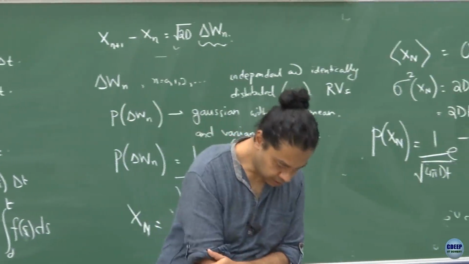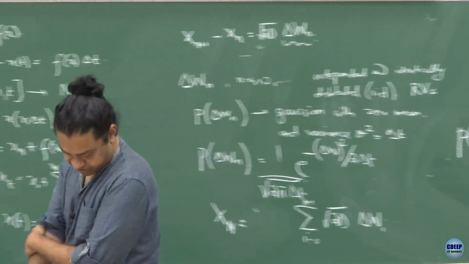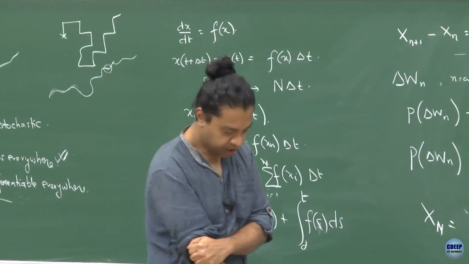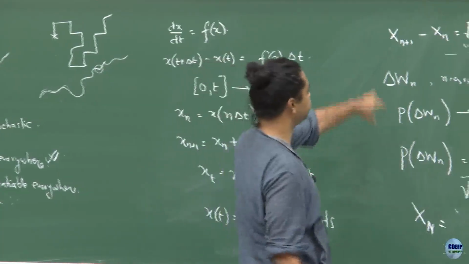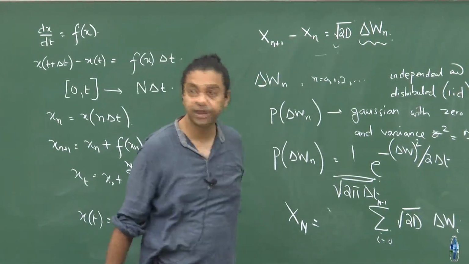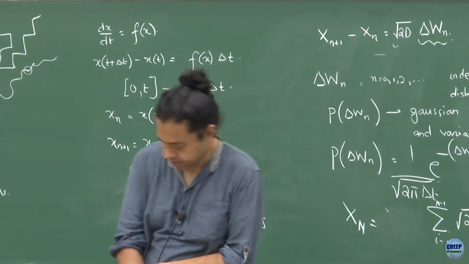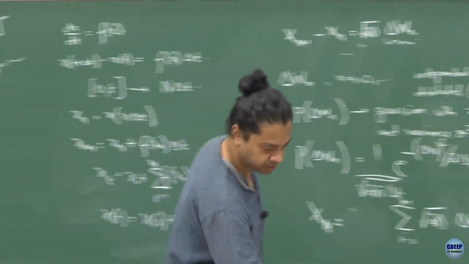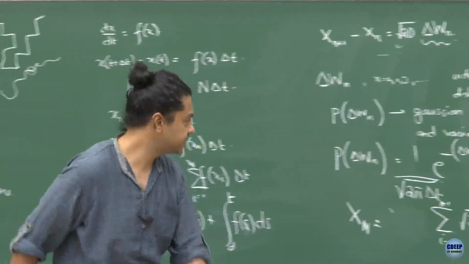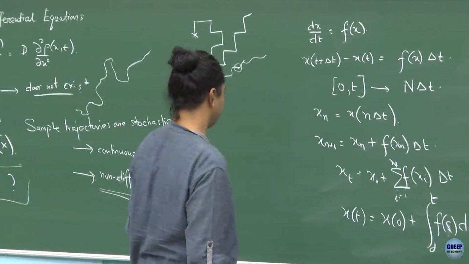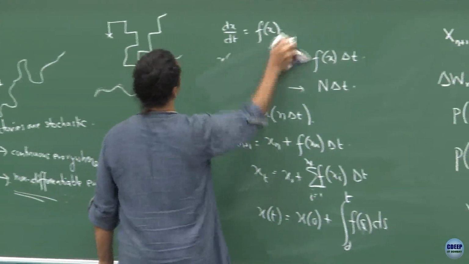Okay. So, now once I have done this, I can construct this continuous time process. I was writing this in discrete time intervals, but I can now take the continuum limit of this and construct the corresponding continuous time process. So this is not needed anymore.